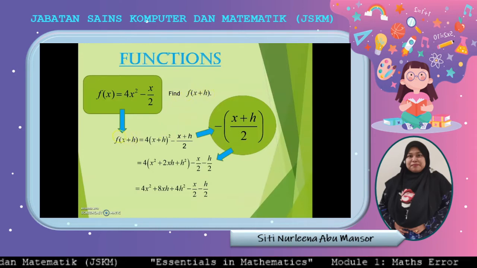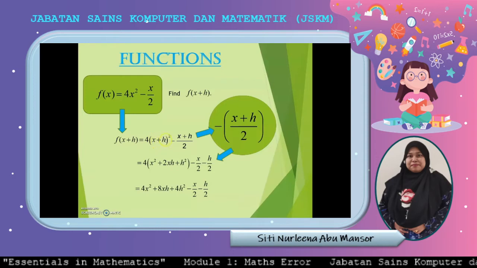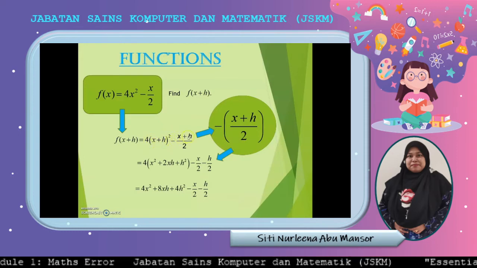Okay, so let's look at the solution. So here we can see that x squared has been substituted with (x plus h) squared, and then minus x plus h over 2. Okay, this is what students usually did.